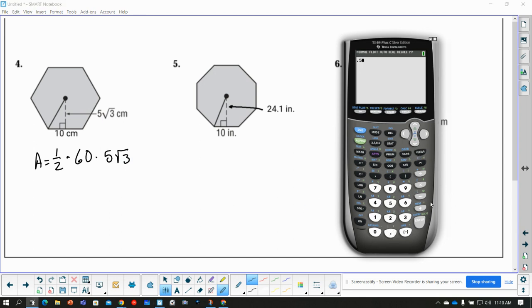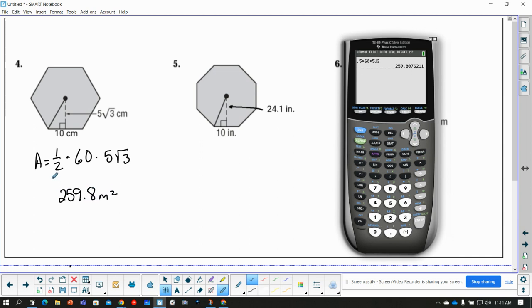For 1/2, I'm going to put 0.5 times 60 times 5, and then we've got this square root of 3. So it's typed in there correctly. 259.8, rounded off to the nearest tenth. It'd be centimeters squared. Oops, I forgot my C, centimeters squared.